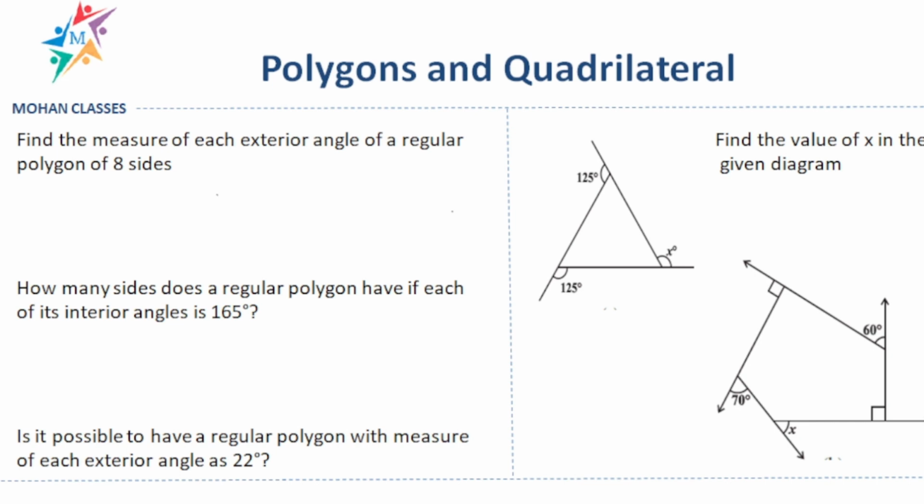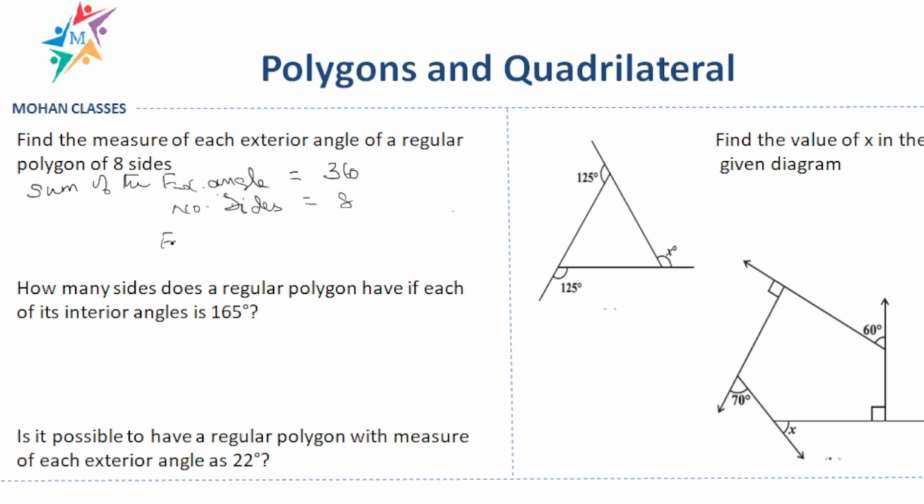The sum of the exterior angles of a regular polygon is 360 degrees, whatever the number of sides of the polygon. Here the number of sides is 8.